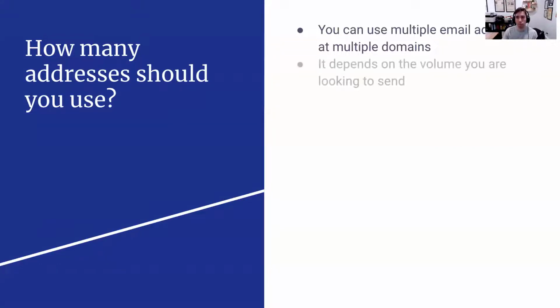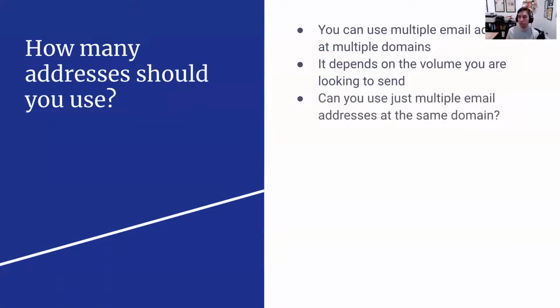But this also depends on the volume that you're looking to send. If you're doing lead generation outreach and you want to reach thousands of people per day, in that case, you are going to need a lot of inboxes to send from.